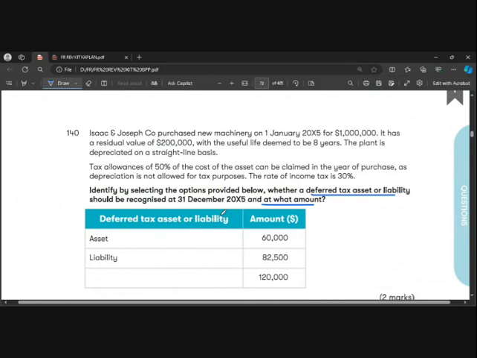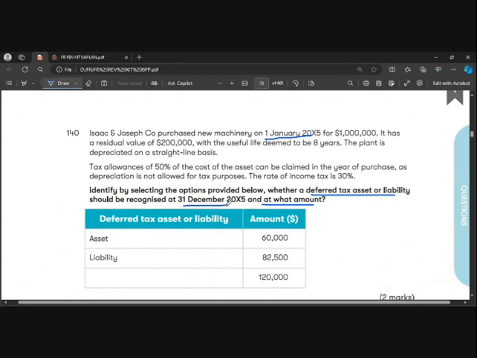Find the carrying amount. This is the first year itself, from 1st January to 31st December. They've given you every detail. The cost is 10 million.